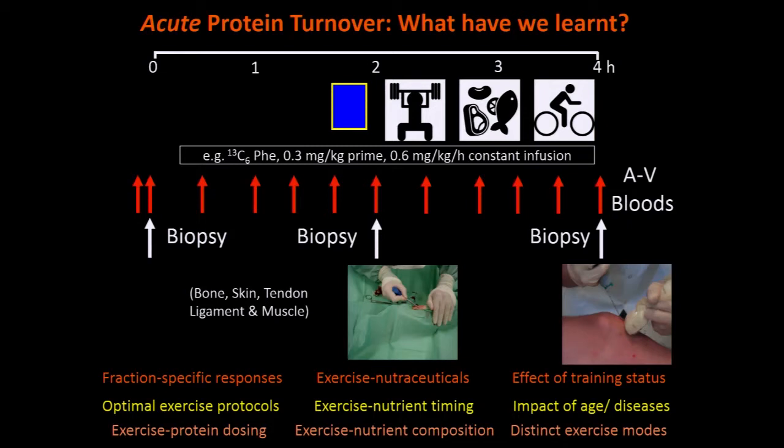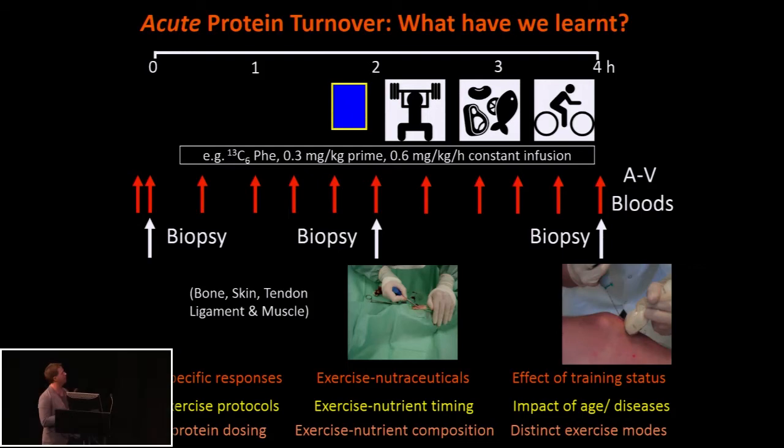Essentially, this has provided a host of information, which is beyond the scope of this talk, about what we've come to learn about how exercise and nutrition in particular modulate muscle metabolism. So, for example, what have these tracer methods taught us? Again, I'm sure you'll see aspects of this in some of the talks later in this conference.